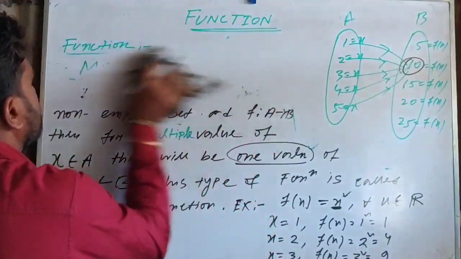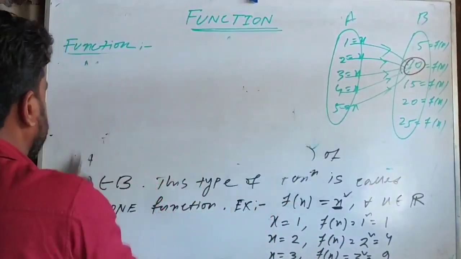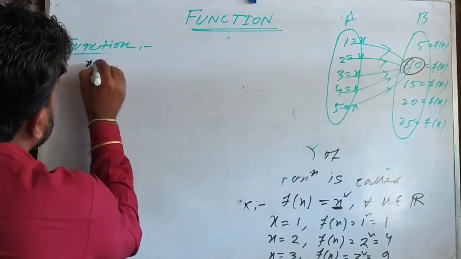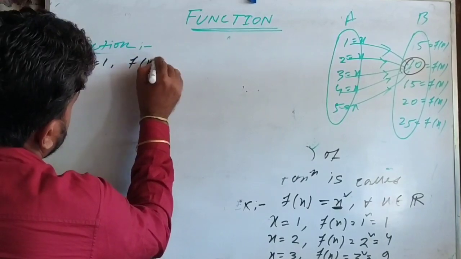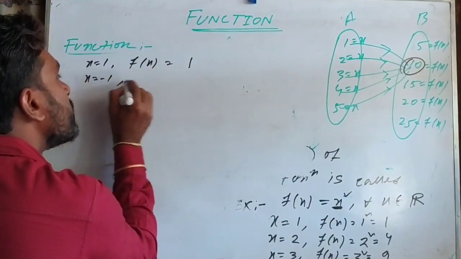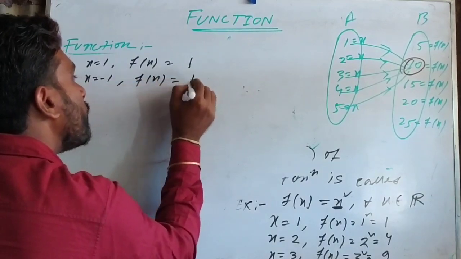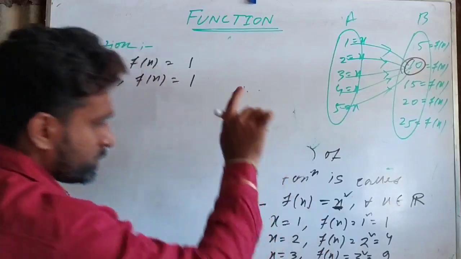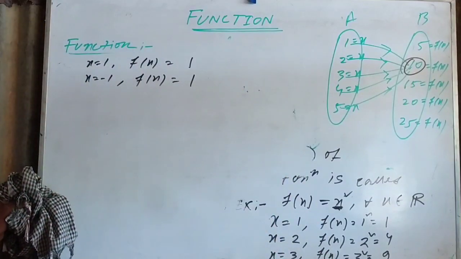Just see what is happening here. x equals 1, f(x) is what? 1. Very good. x equals minus 1, f(x) is what? 1 also, because minus 1 whole square is also 1. Am I right?